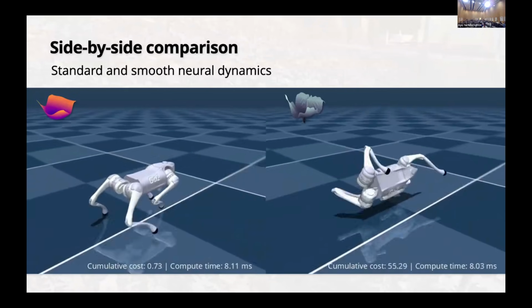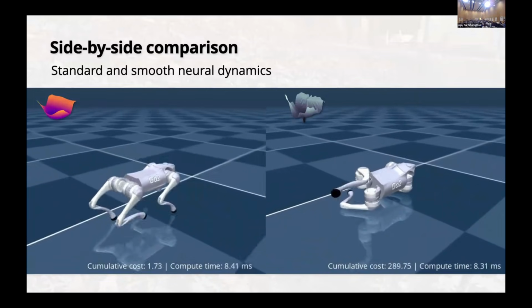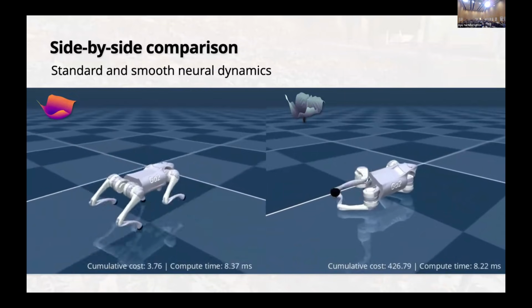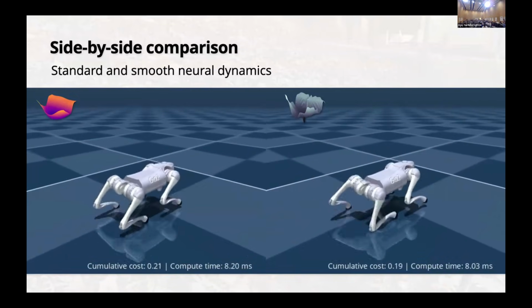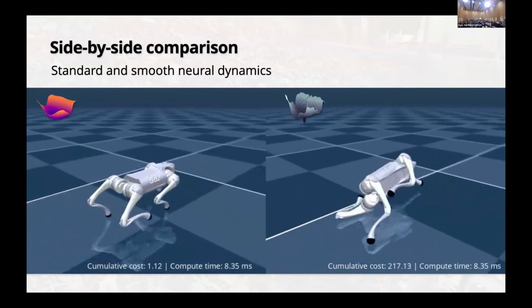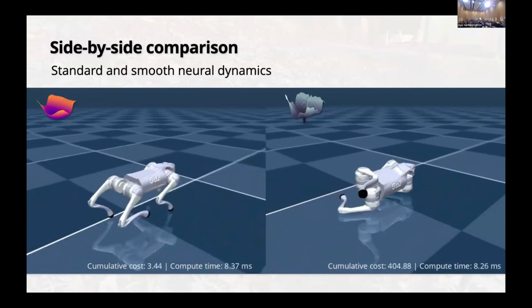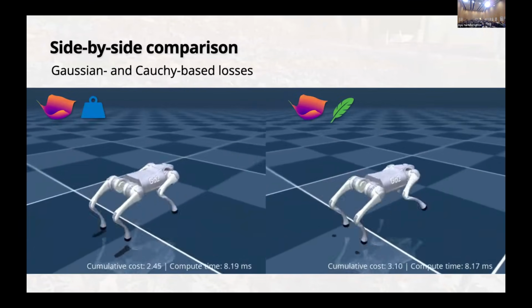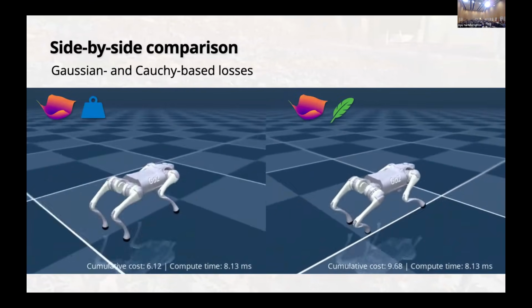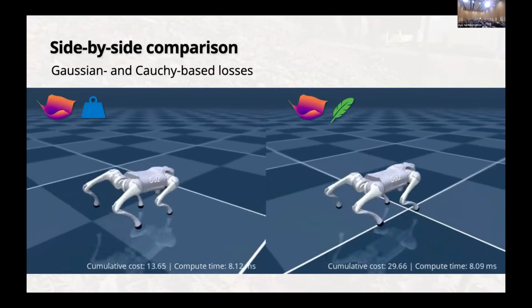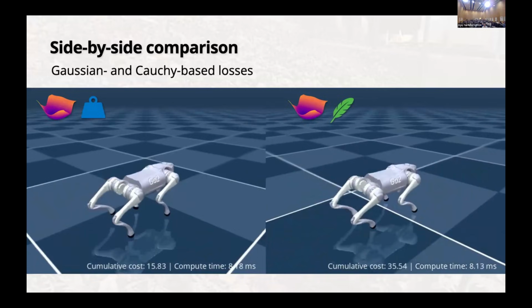If you want more quantitative results, check out the paper later. Visually, these are some of the scenarios where the smooth neural surrogate can easily model things like basic sideways trotting where the standard neural network might fail. Side by side on the heavy-tailed loss function, I should say the smooth neural surrogates really help mitigate catastrophic failures where your network is basically deceiving your optimizer about what should happen.